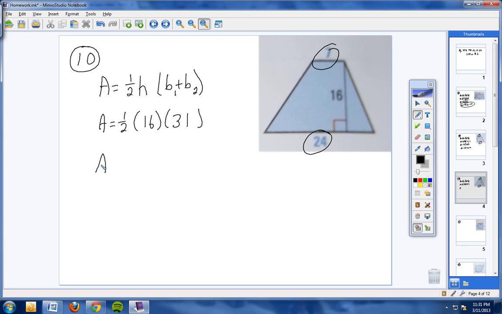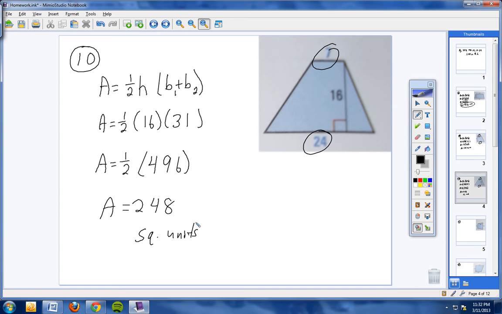I always save my fraction for last on these problems, so I'm going to multiply 16 times 31, and I should get 496. Okay, use a calculator if you need to. And then we take 1/2 times 496, and you will get 248 square units. All right, that's number 10.